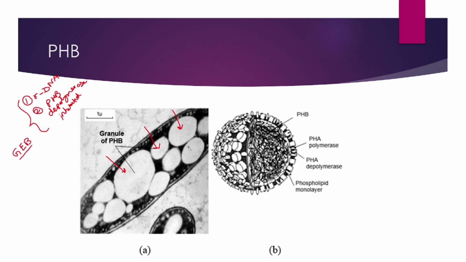Within the cell, PHB granules are produced, and within E. coli the PHA polymerase enzyme resides, and here you have the PHA depolymerase activity. So to get better yields of PHA polyhydroxyalkanoates, the PHA polymerase activity needs to be upregulated and PHA depolymerase activity needs to be downregulated. So this is the basic discussion on bioplastics.